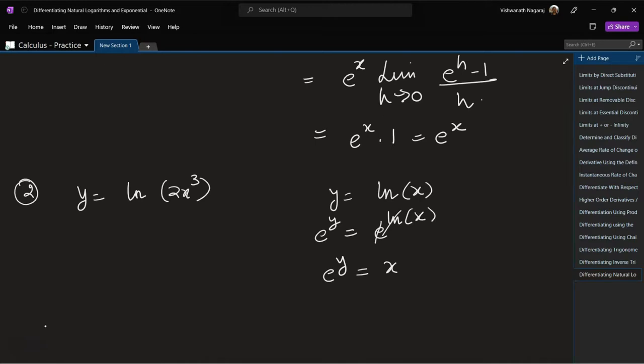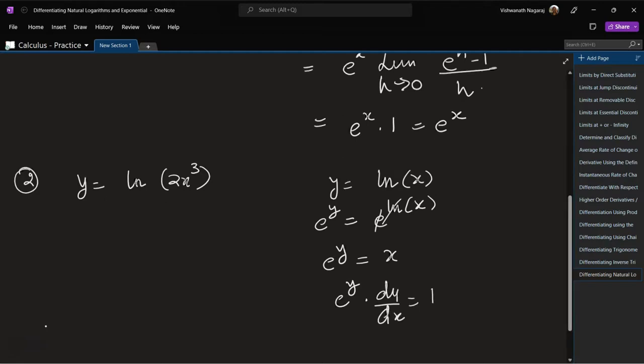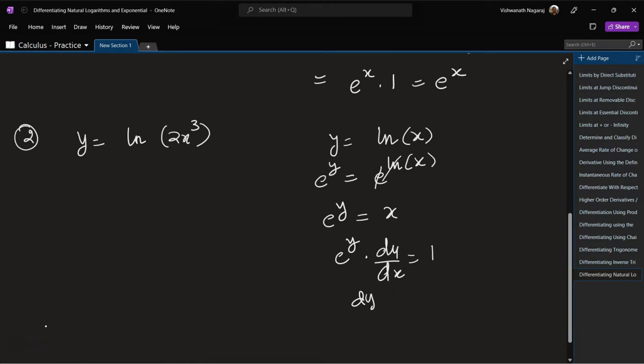And now let's differentiate. We have already seen e to the power of y, its derivative is e to the power of y, but then we have to differentiate y. So e to the power of y times dy by dx is equal to 1, and this we can rearrange by saying dy by dx is equal to 1 over e to the power of y, and e to the power of y is nothing but x.